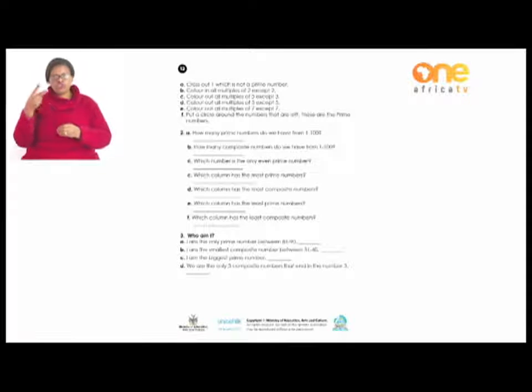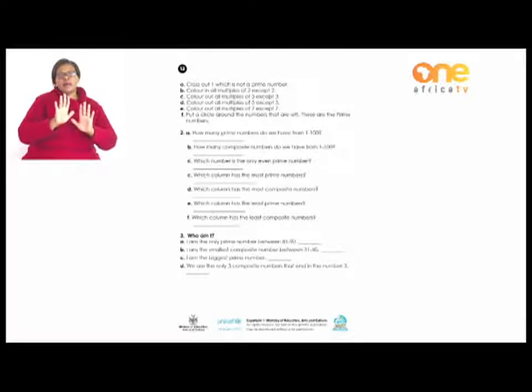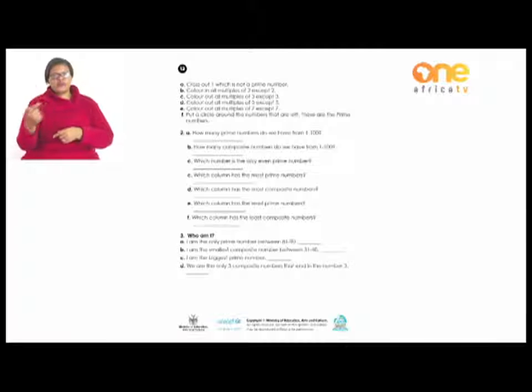And then C, color in all the multiples of 3 except 3. And then D, color out all the multiples of 5 except 5. And then E, color out all the multiples of 7 except 7.